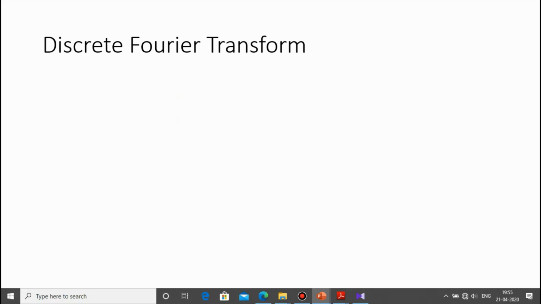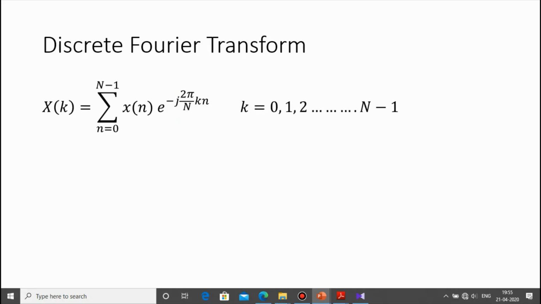Now, the mathematical expression of DFT. The DFT of a discrete sequence x[n], denoted by X[k], is given by X[k] equals summation of n equal to 0 to N minus 1 of x[n] e to the power minus j 2 pi by N kn, and k is equal to 0, 1, 2 to capital N minus 1.